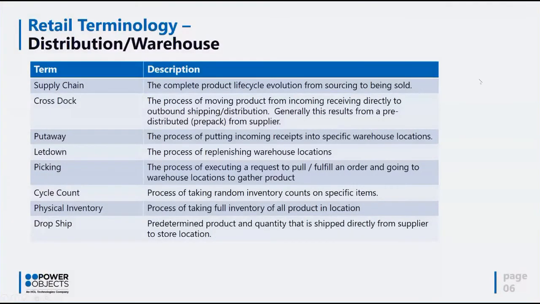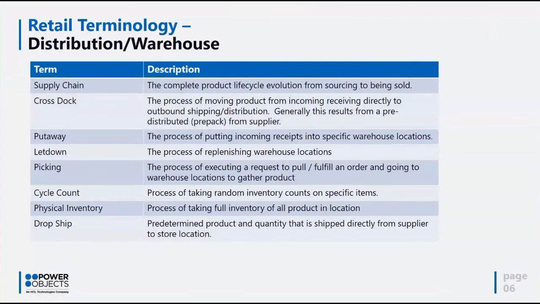Thank you, Rod. The next couple of slides are just some retail terminology. We're not going to go through every one, as I'm sure everyone on the call is probably familiar with these. Supply chain in and of itself is the complete product life cycle from sourcing to shipping, which includes sourcing the product, moving the product, selling the product, and then shipping to the end user.